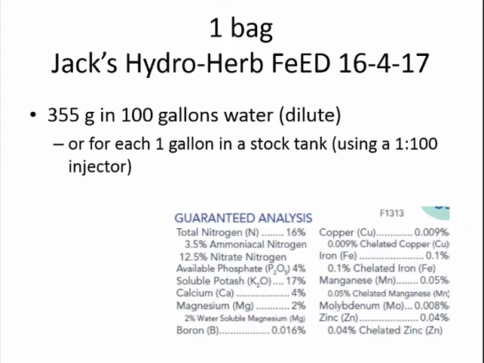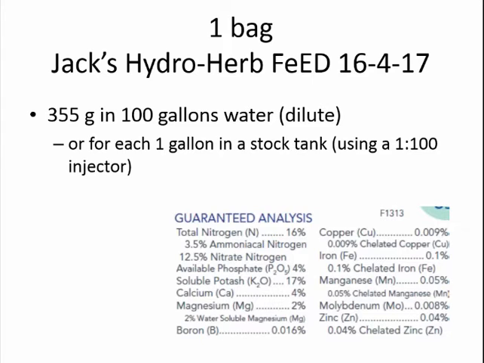So the 1 bag example is Jack's Hydro Herb feed. This is a 16-4-17. With this particular product, there is some calcium nitrate in there, and the other nutrients that are often supplied as phosphates and sulfates aren't supplied as phosphates and sulfates. They're provided as nitrates as well. And so in this case, we're able to use just 1 bag, 1 stock tank to get a complete nutrient solution.